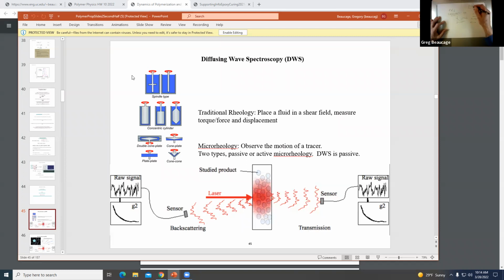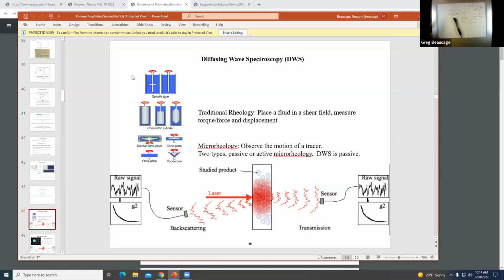So we can say that force equals dx/dt times 6 pi a times viscosity.